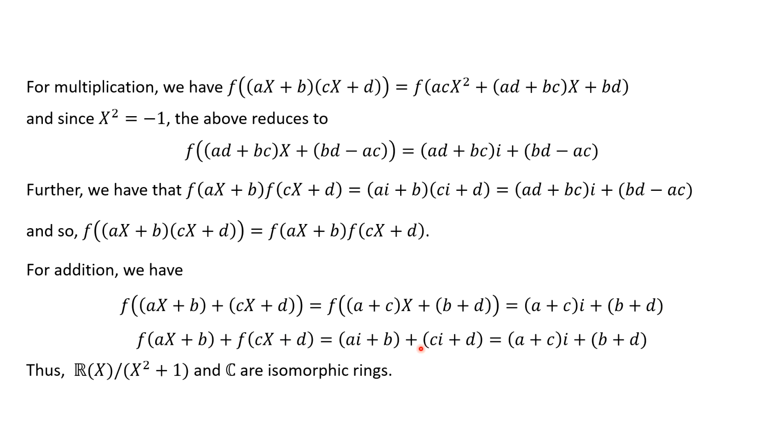Then here we just apply the function individually to each term, and then we collect the things that are multiplied times the imaginary i, and then we collect the constant terms, and of course these two are the same. So we've shown that R[x] modulo x squared plus 1 and the complex numbers are isomorphic as rings.